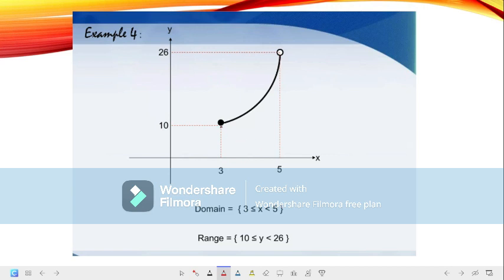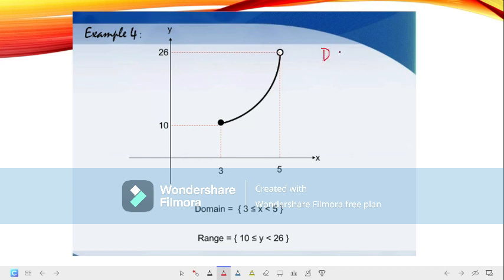And as you've noticed, for 3, it has a solid circle, meaning it is included in the set. And for 5, it's an open circle or hollow circle. It means it's not included in the set of values. Okay, so let's start with the interval.